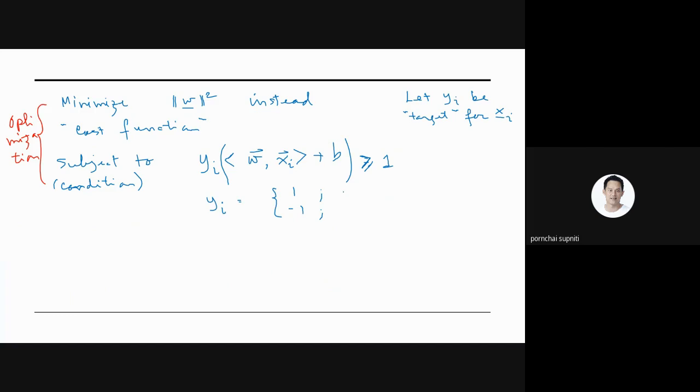If we're looking at the support vector which is positive, then this is 1. If the support vector is negative type, this is -1. Or you can say that this is for class 1, this is for class 0. You can call it that way as well.